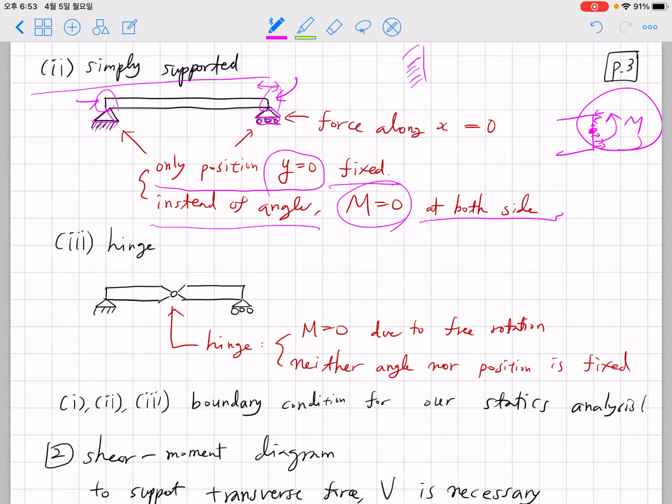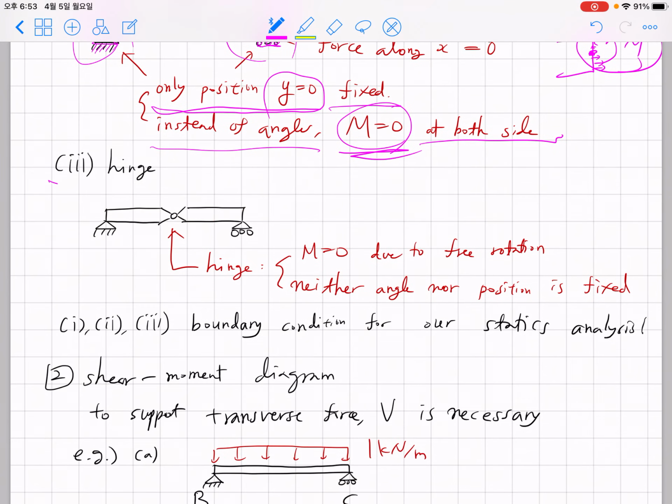So when somebody says a boundary is simply supported beam, it means only position is fixed and moment is fixed as 0.